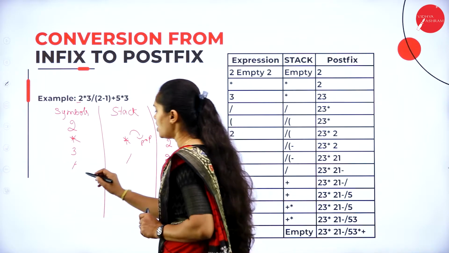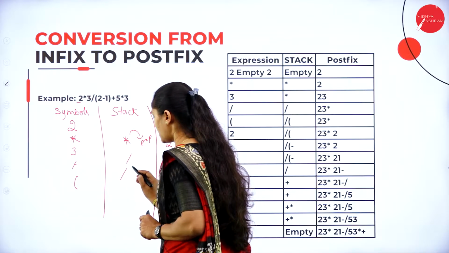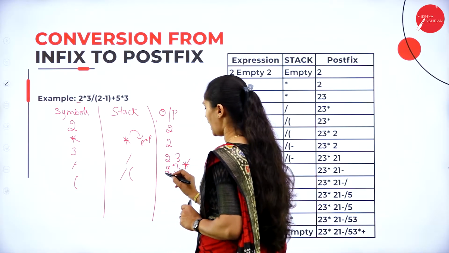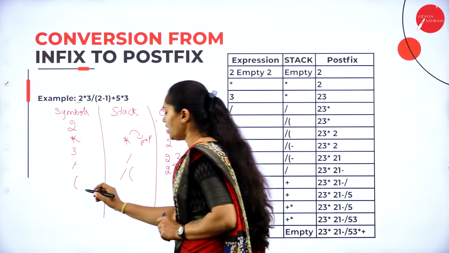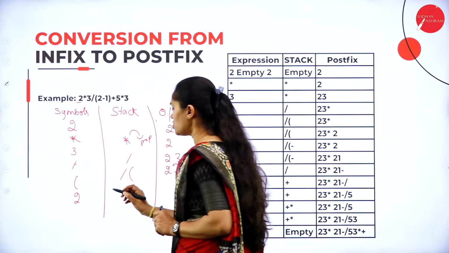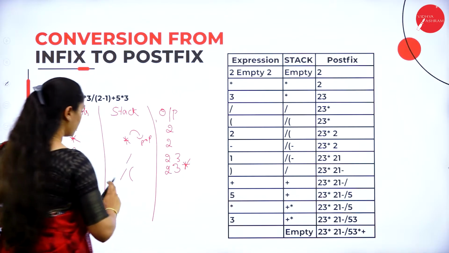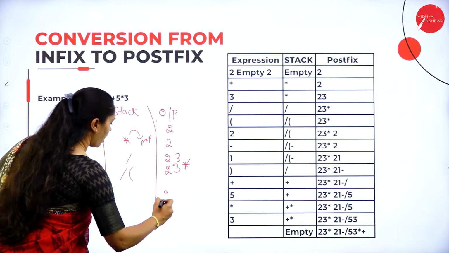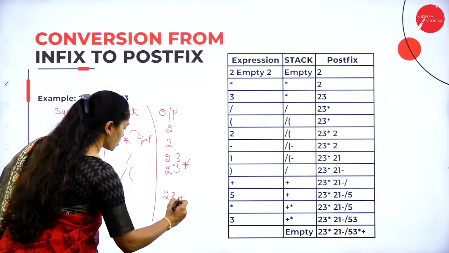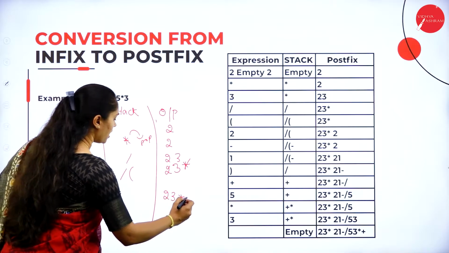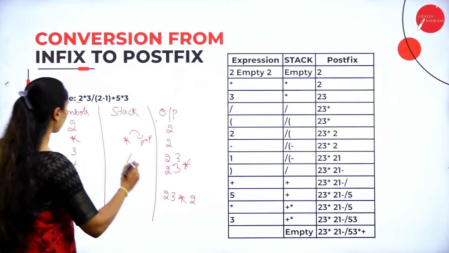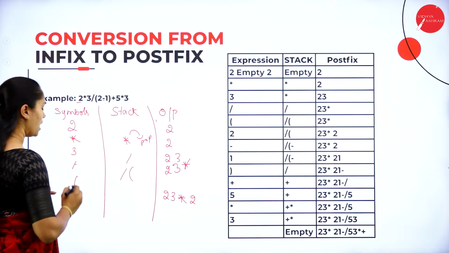Next we have an opening parenthesis that can be placed in the stack, and it remains the same. Then we have an operand called 2. If I find an operand, that needs to be stored in the output or postfix expression. So now it will be 2, 3 into 2. Next I have an operator called minus.